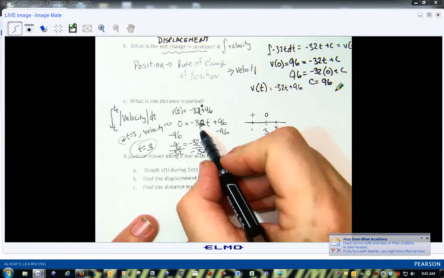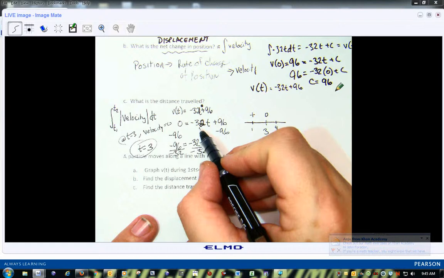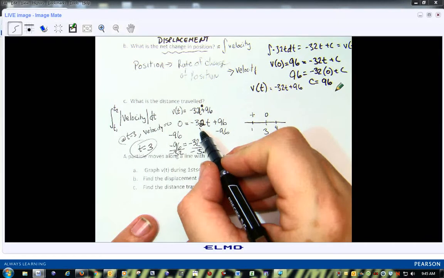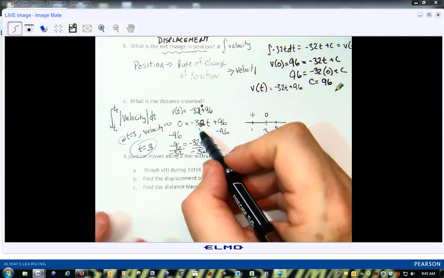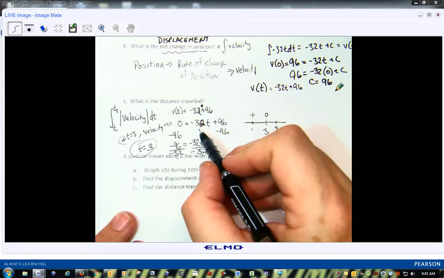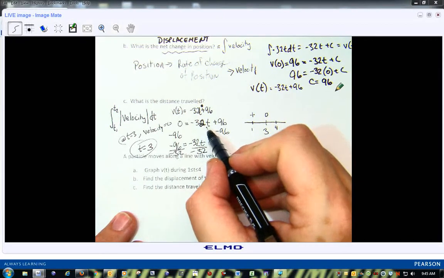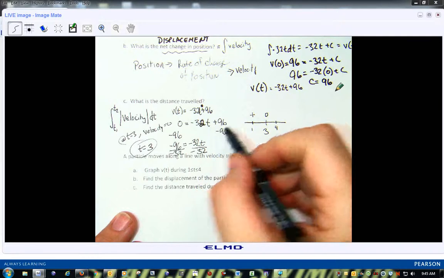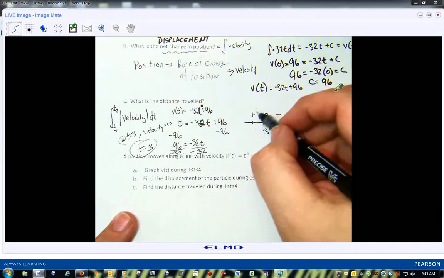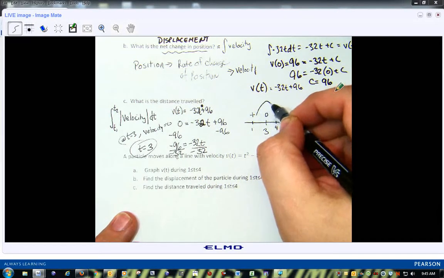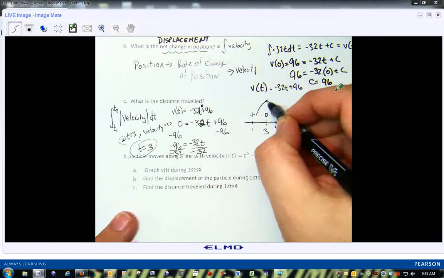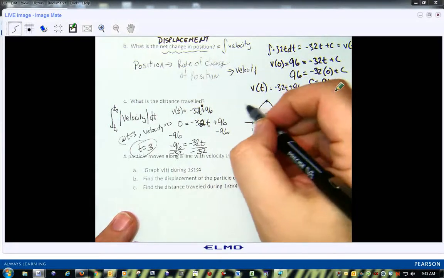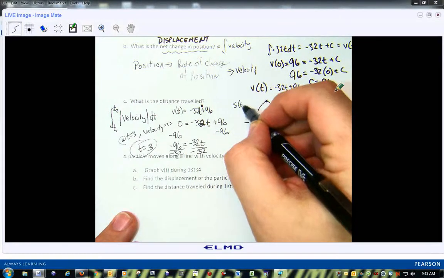It's like negative 128-ish. Actually, I think it is negative 128. So if it's negative 128 at this point, negative 128 plus 96 is negative. So this is telling me that it's got a maximum right up there. Or if I'm talking about the position function, it's got a maximum at 3.